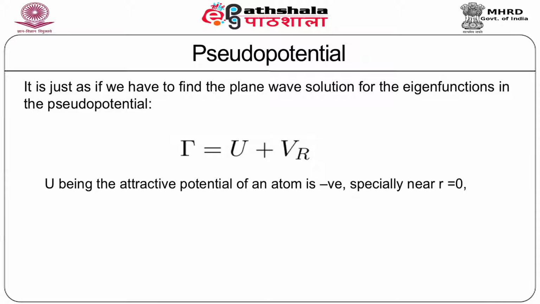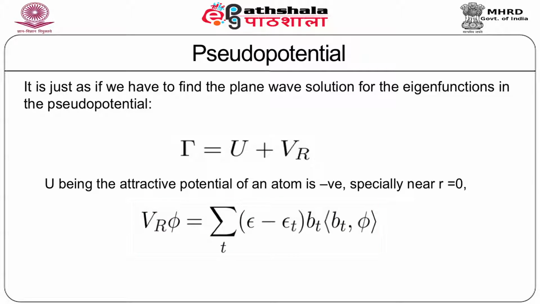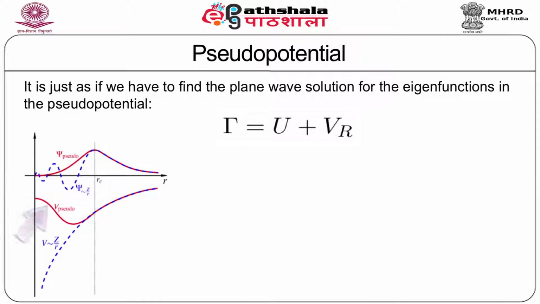U, being an attractive potential of an atom, is negative, especially near the origin where r is equal to 0, while V_R, as is shown here, containing epsilon minus epsilon t and the square of the core orbitals, is a positive term. Therefore, there is some cancellation between them, reducing the value of this effective potential gamma, as is shown in this figure as V pseudo.